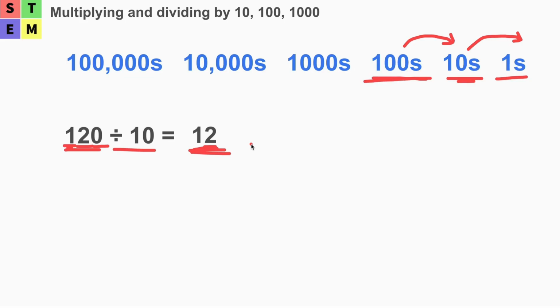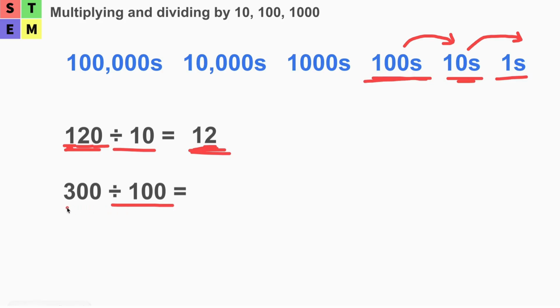So basically, if we divide by 10, we are going to shift the numbers from left to right, 1 place to the right. How about divide by 100?